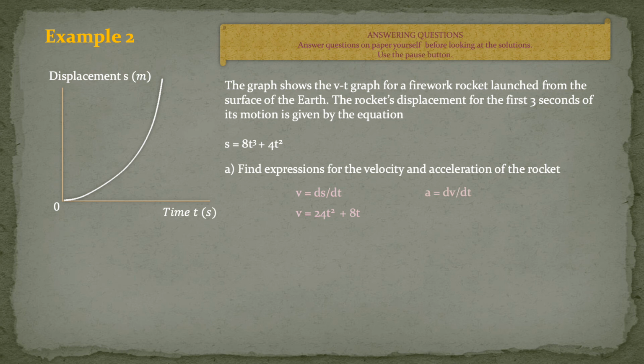Acceleration, of course, is dv by dt. So now that we've got the velocity equation, if we differentiate again, we'll get an expression for acceleration. And when we differentiate 24t squared plus 8t, we get 48t plus 8. So we have our two expressions.